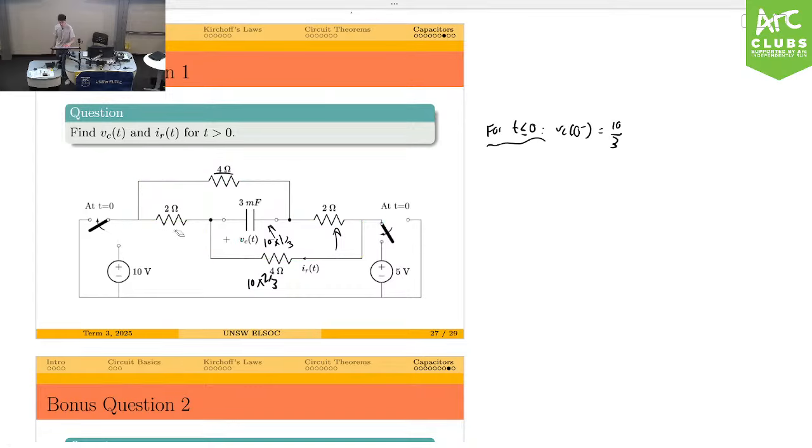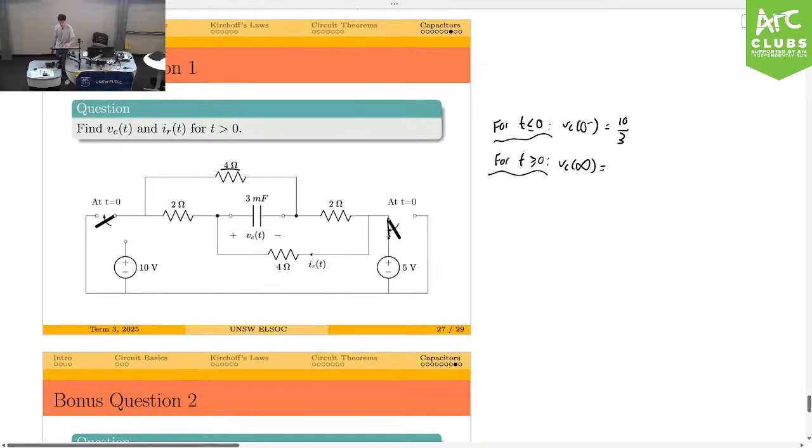Now I have to check the other case, after the switch. Now I'm connecting this and disconnecting that, so this becomes 5 volts and this becomes 0, because it gets disconnected. Symmetrically, this problem is the same: any voltage I've got there, 2/3 is here, 1/3 is there, 2/3 is there, 1/3 is there.